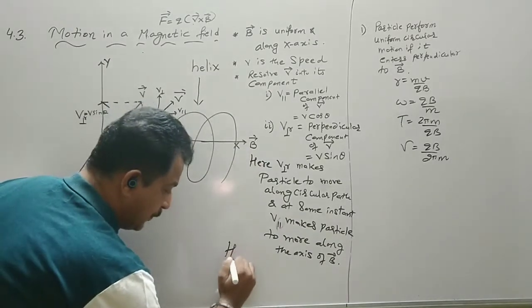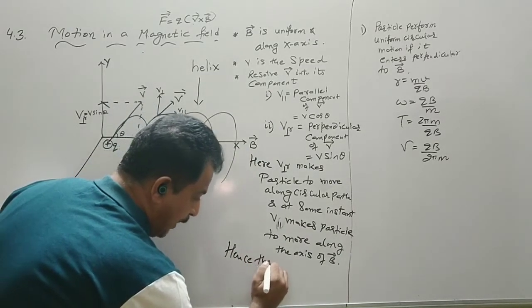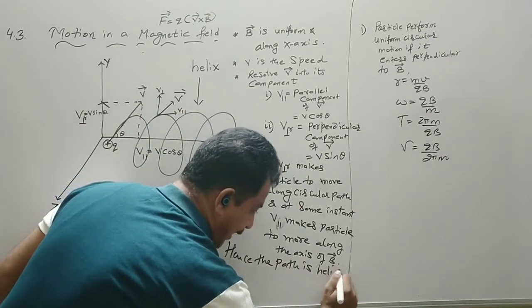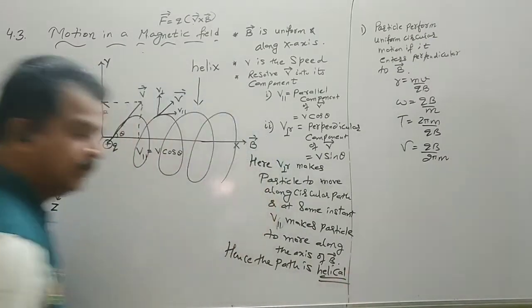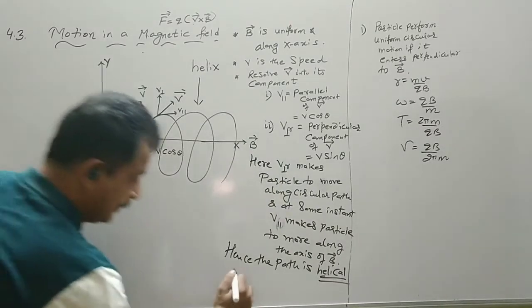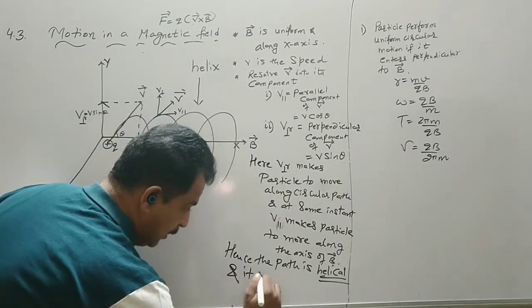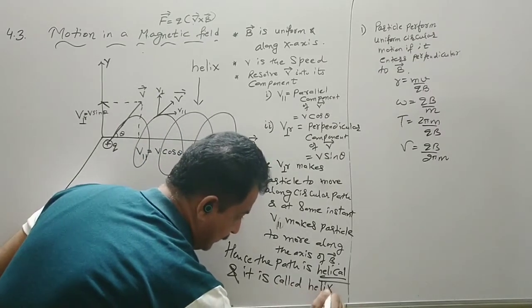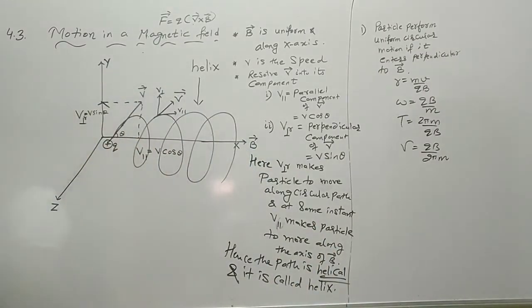Hence, the path is helical. So you have to remember now this path is helical, and it is called a helix. So this is the conclusion.